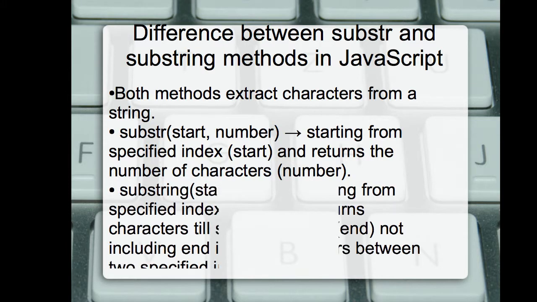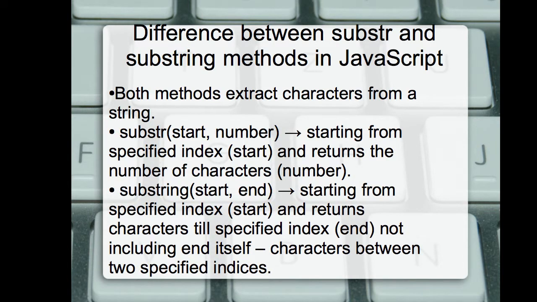The substring method also accepts two numbers as the parameters, where the first number is the index that decides where to start, and the second number is also the index. That is, the substring method will return the characters starting from the specified index start and return characters till the specified index, that is end, not including the end.